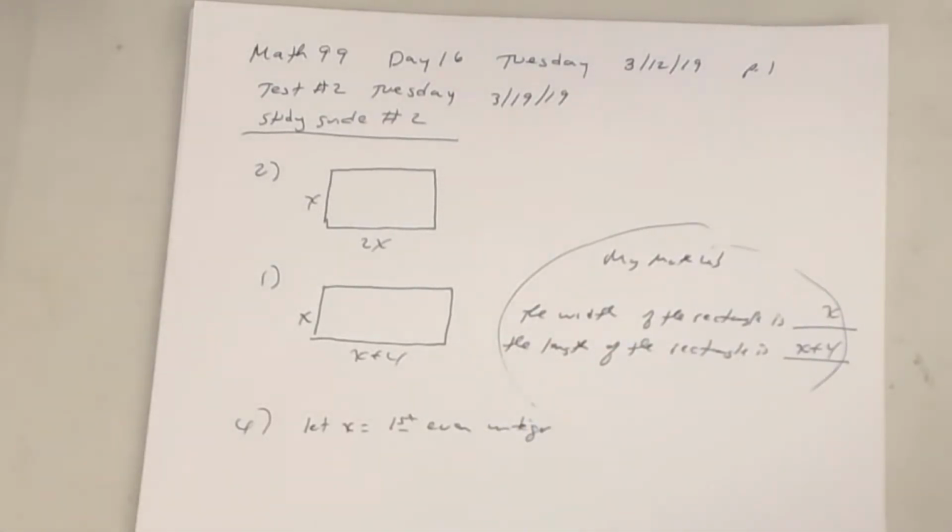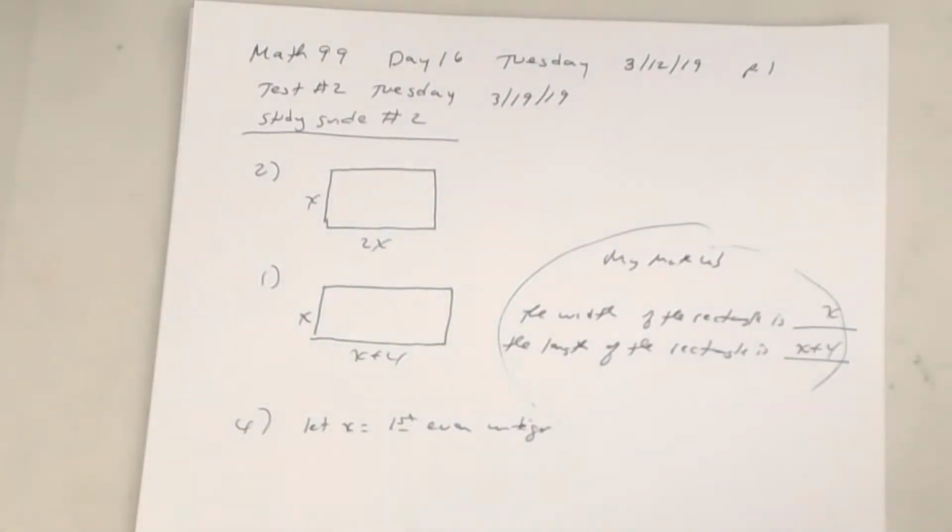If x is the first even integer, how would you represent the second even integer? X plus 1? Let's think about this. If my first even integer is 6, what's the next one? 8. How do we get 8? 6 plus 2. So it's not 6, it's x. How do I represent the next one? X plus 2.